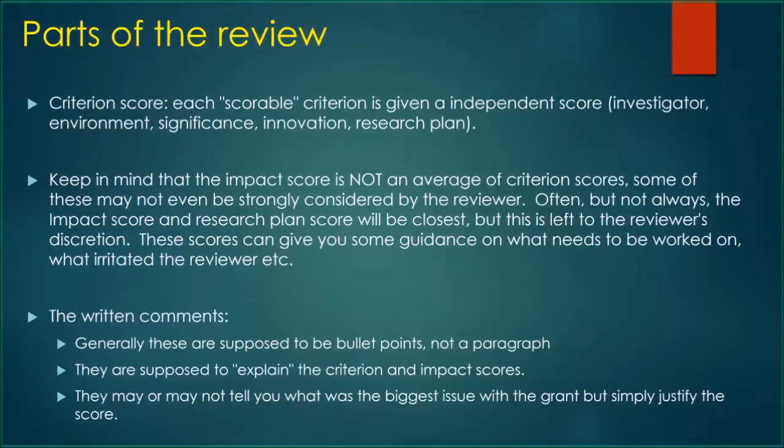Their only goal is to justify the criterion and impact scores. And generally, if a criteria score is worse than a 3, the reviewer is obligated to give significant weaknesses to show why that score was worse than a 3.